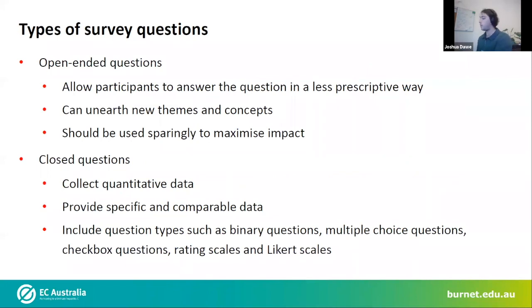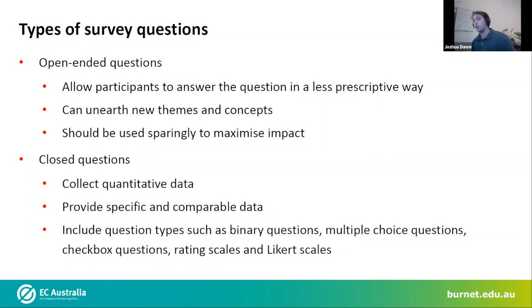I wanted to start by going through the 2 main types of survey questions that we often come across. The first type is open-ended or free text questions. Open-ended questions are good because they allow participants to answer in their own words, usually any way they like, which is really valuable for finding information that might be new or that you might not have considered when writing the question.